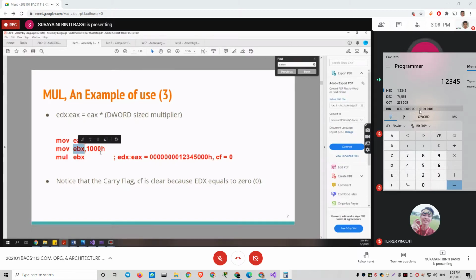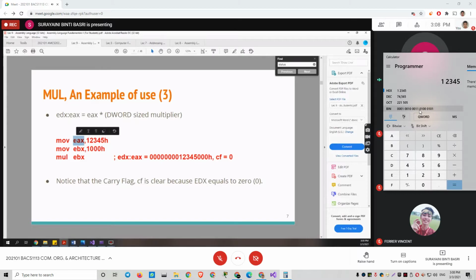After that, we just put the multiplication instruction immediately after these instructions, so that the computer knows this EBX should be multiplied with EAX, because it is the default instruction in the computer.